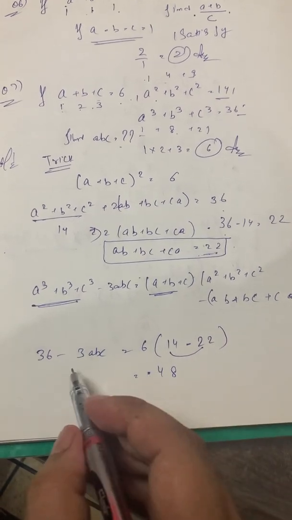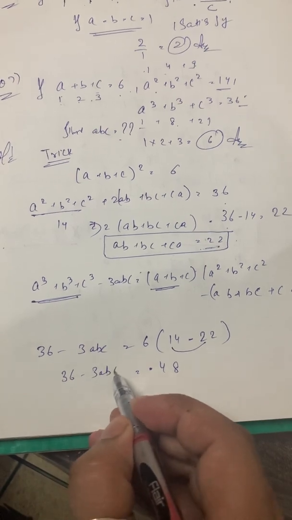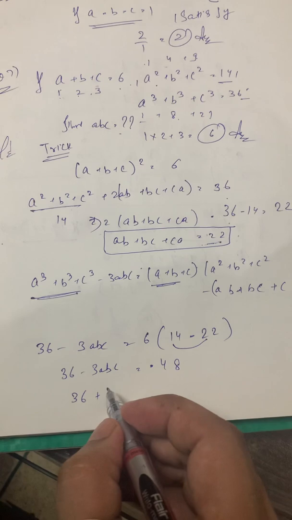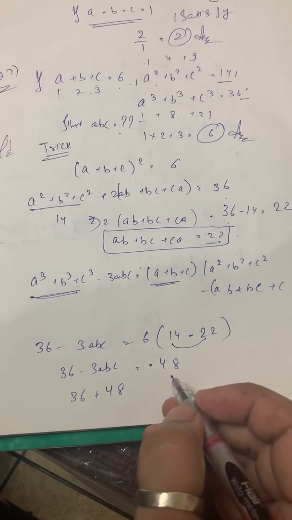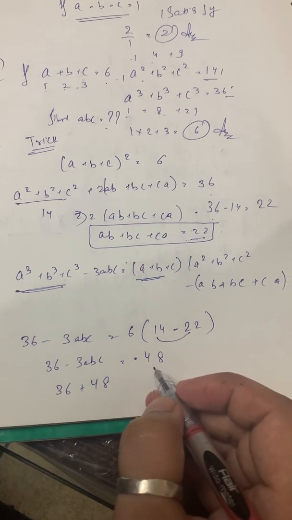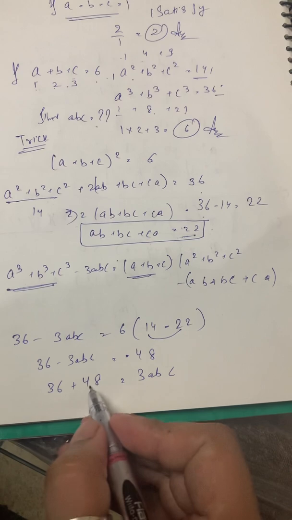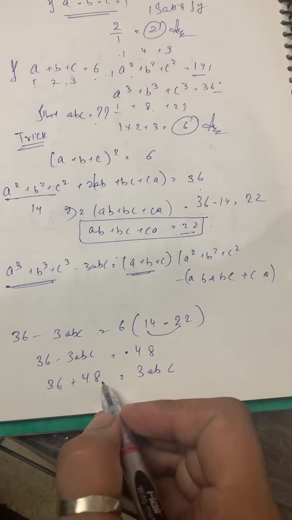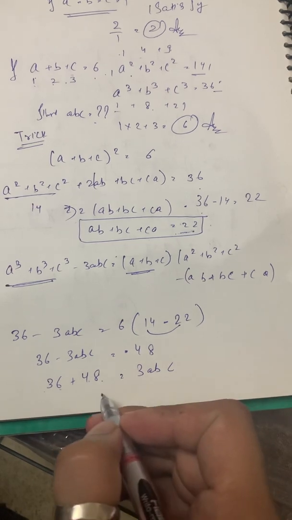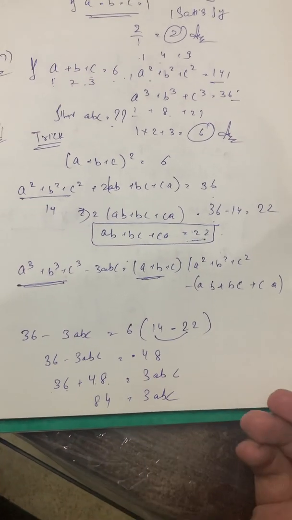So minus 48 here, and this is 36 minus 3abc. 3abc will go this side, so 36 plus 48 equals 3abc.